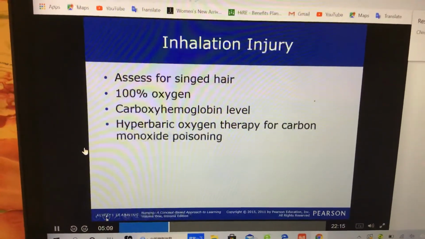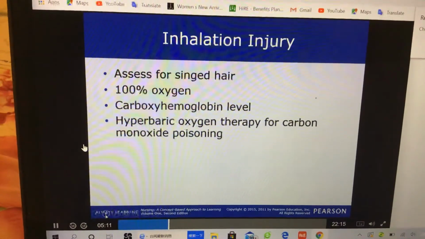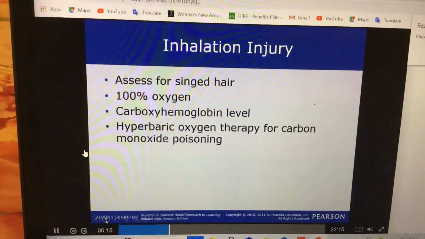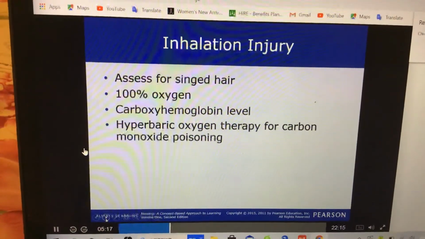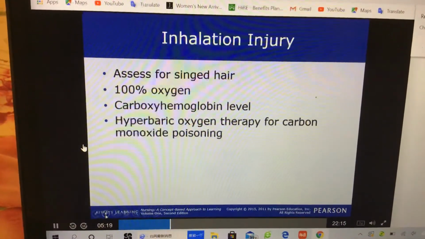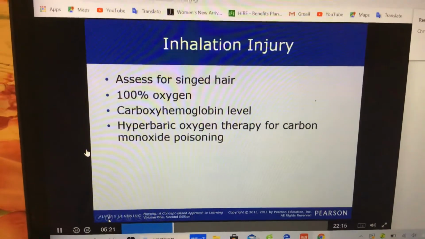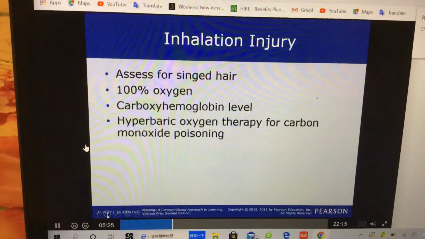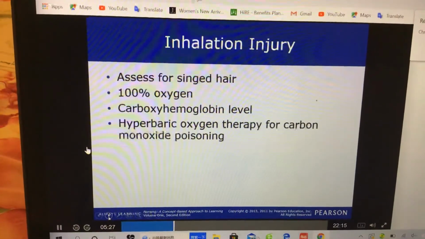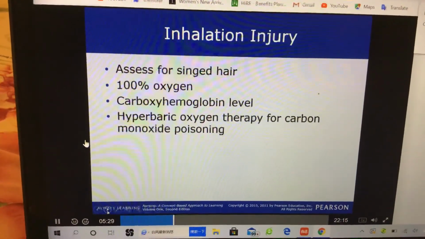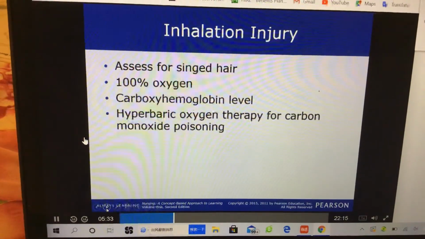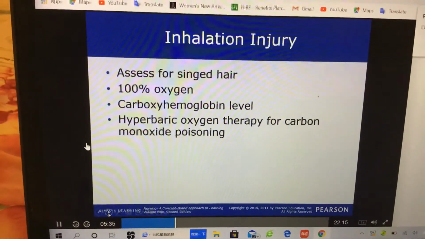Patients involved in any type of fire are at risk for an inhalation injury and should be assessed for the presence of singed hair on the scalp, loss of eyebrows, burns, or nasal singeing or facial singeing. The nose should also be swabbed to detect the presence of black soot.